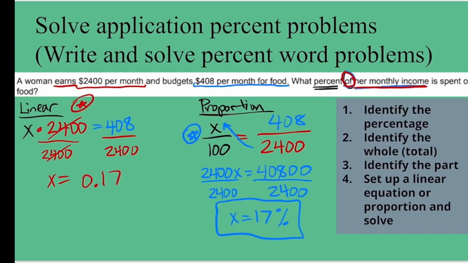This linear equation, if you choose to use this, you have to take your answer if you're looking for a percent and you need to convert it. You cannot just randomly put a percent sign. A percent is out of 100, so if we multiply this by 100, you would get 17%.